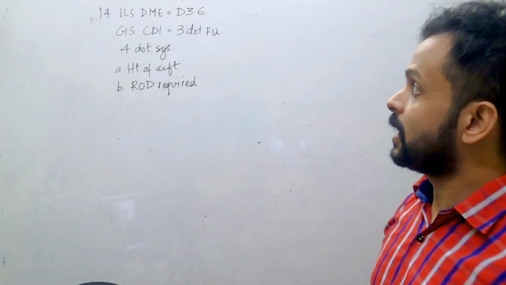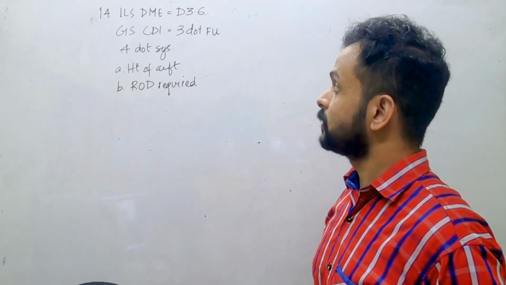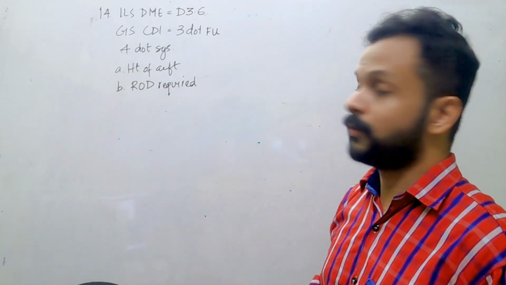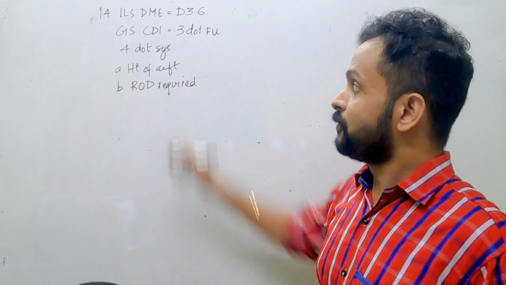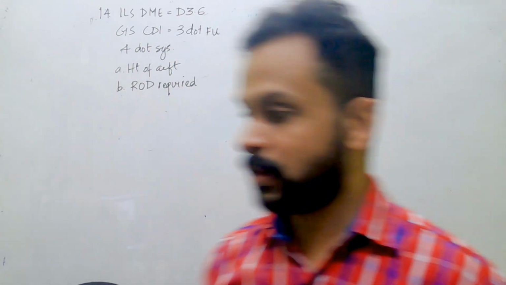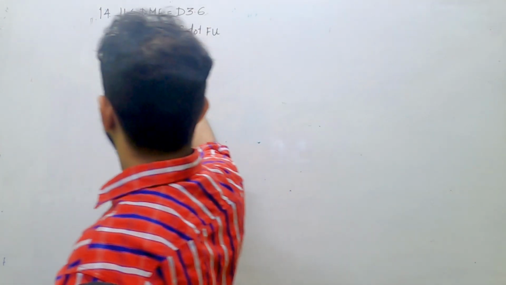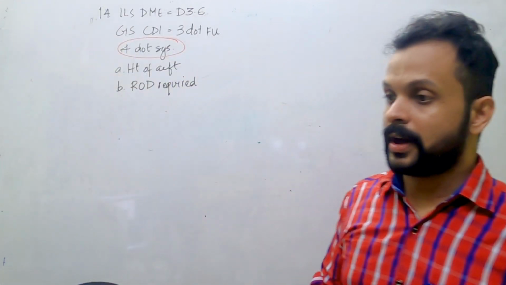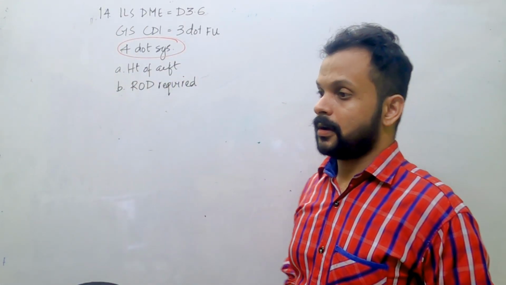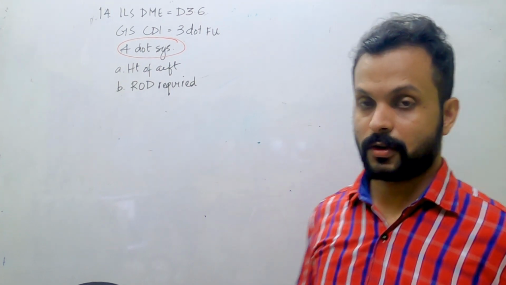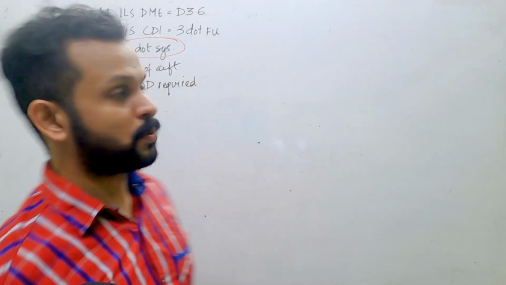So you have an ILS DME showing D3.6, and the glide slope CDI is 3 dot fly up indication. On a 4 dot system, that is something you have to be really careful about. It's just another normal question here.